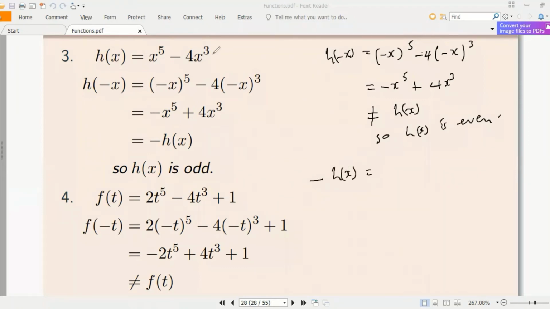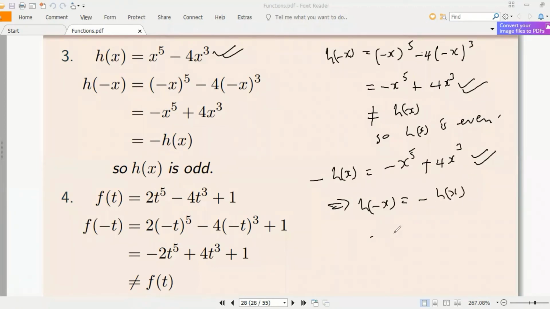If I multiply it by negative, I will have negative x raised to 5 plus 4x. And I can see that this is equal. So h of negative x is equal to negative multiplied by h of x, and therefore h of x is odd.